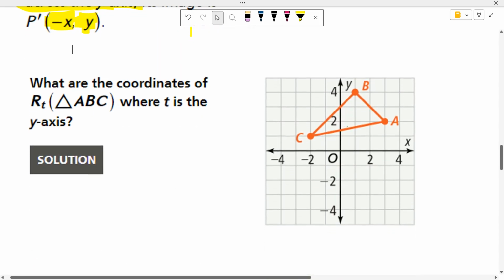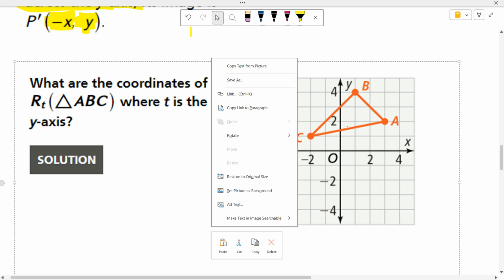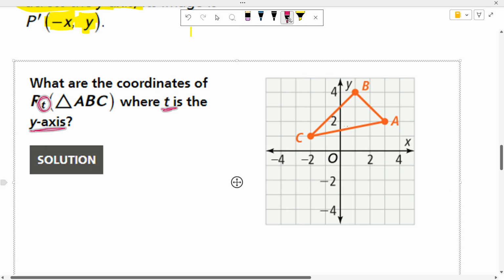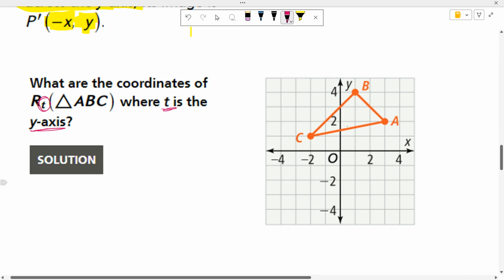So what are the coordinates of the reflection where t is the y-axis? This is what we're reflecting across, and they say t is the y-axis, so we're reflecting across the y-axis. Well, where is C? Well, C goes to here. Where is A? A is 3 over, so you go 3 over. A is here. C prime is here. B prime is here.